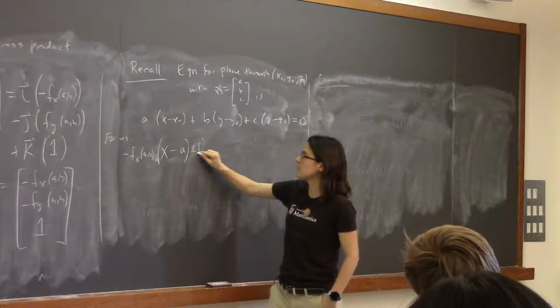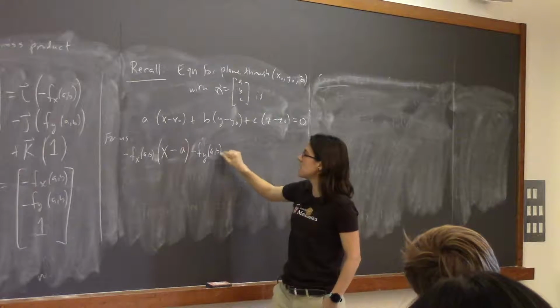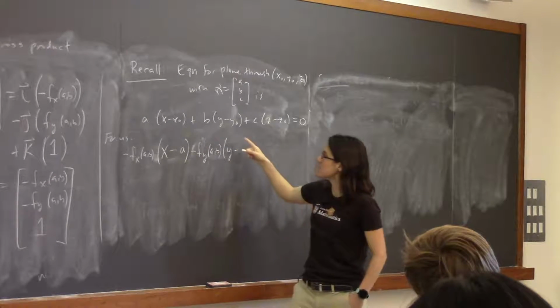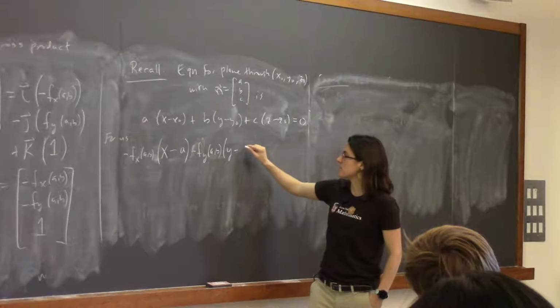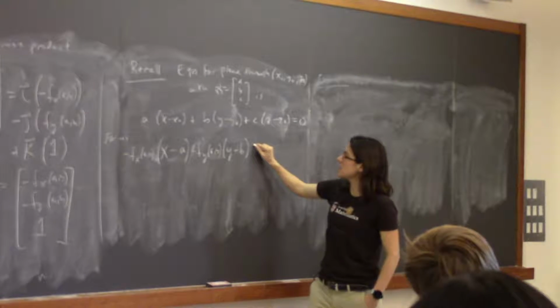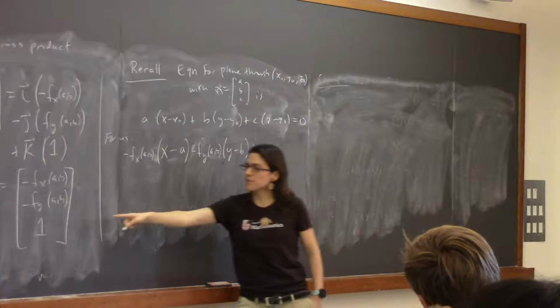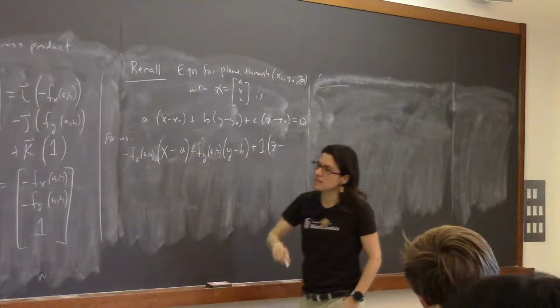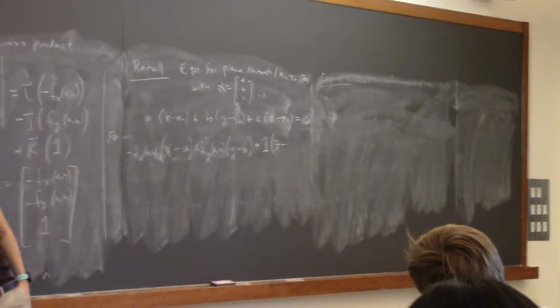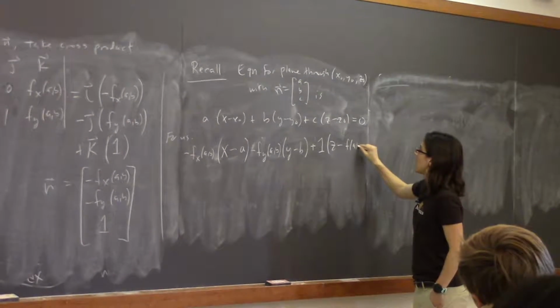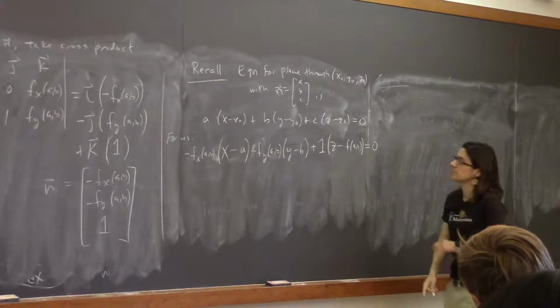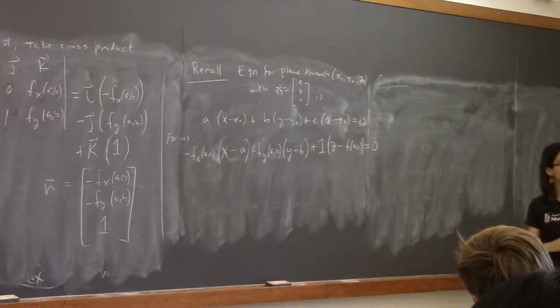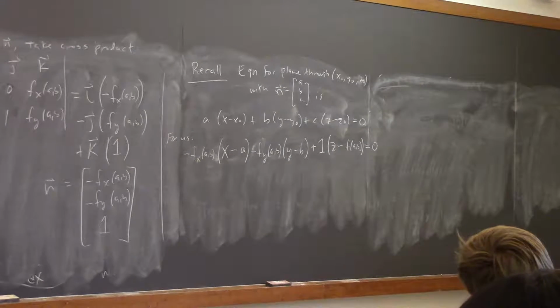So minus partial with respect to y evaluated at AB times y minus the second part of our point, so that's b, plus the third component, which is 1, times z minus whatever the z value is of our point, so that's f of ab, equals 0. So we just plugged in our coefficient and our point into this equation.